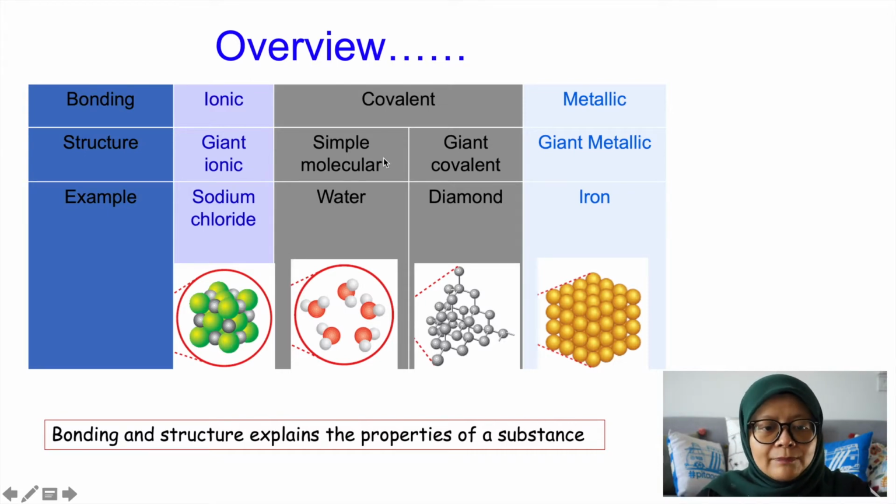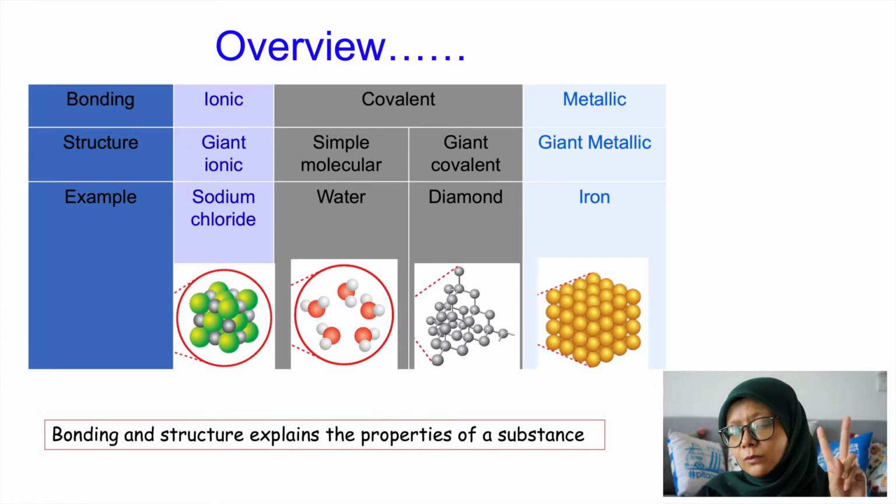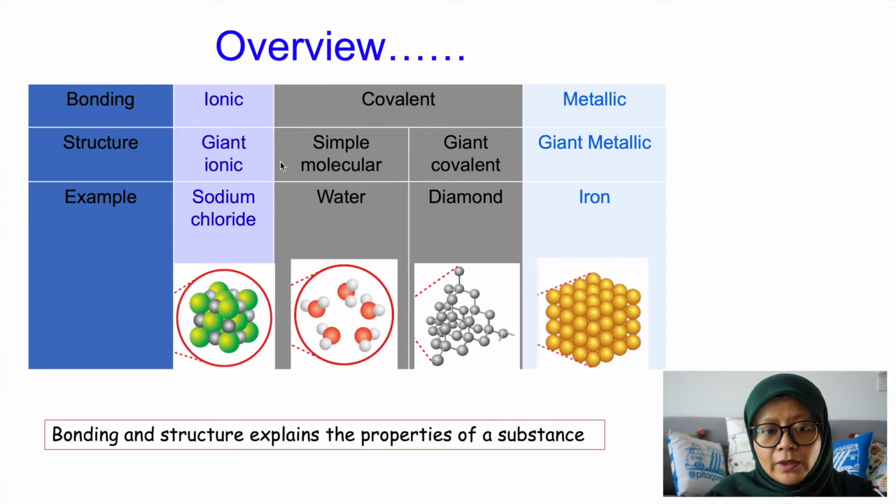Then we have covalent, which has two kinds of bonding involving two structures. The first is the simple molecule, for example water, and the second is the giant covalent, for example diamond.